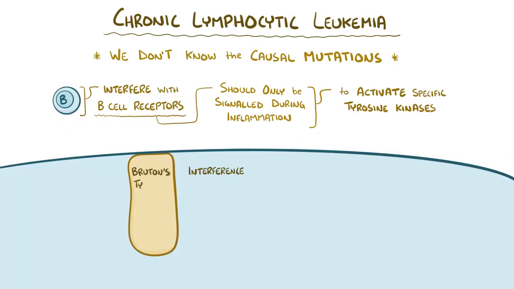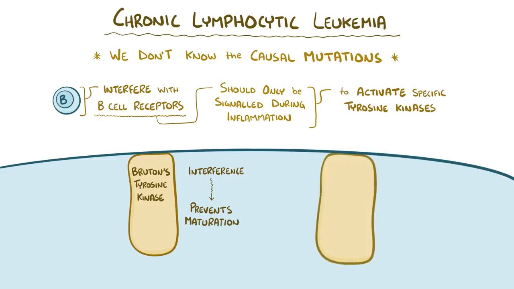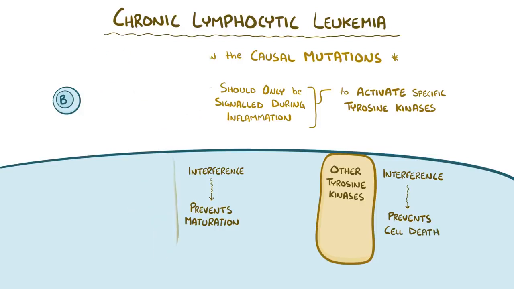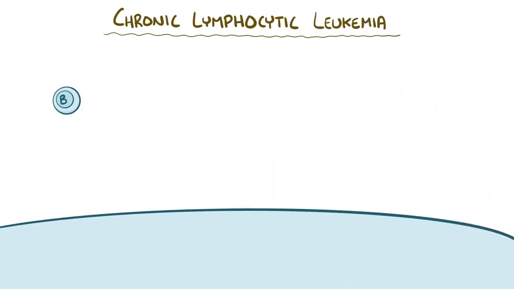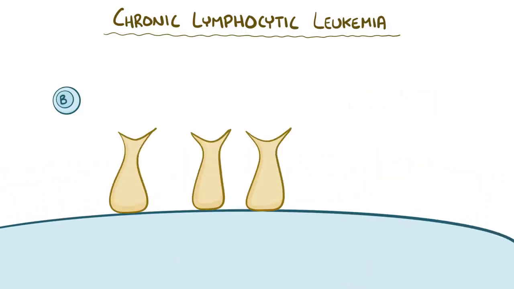Interference with Bruton's tyrosine kinase, for example, is probably what stops CLL cells from maturing fully. And it's similar interference with other tyrosine kinases that allows them to die slower than they divide, which is why they build up. These premature cells always express particular proteins on their surfaces, including CD5, CD19, and CD23.